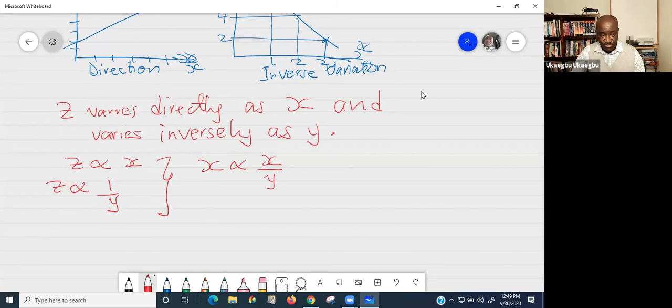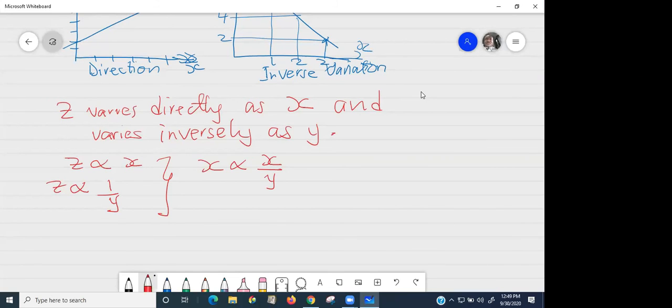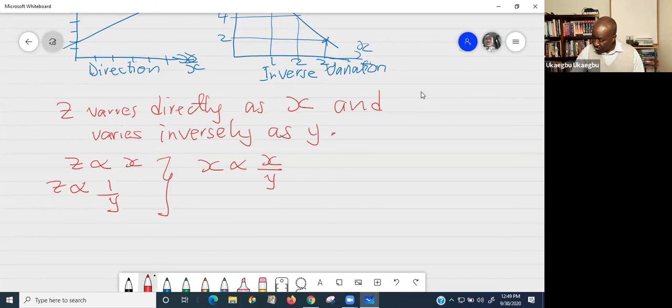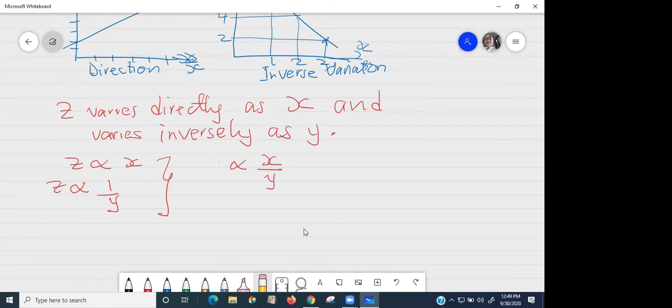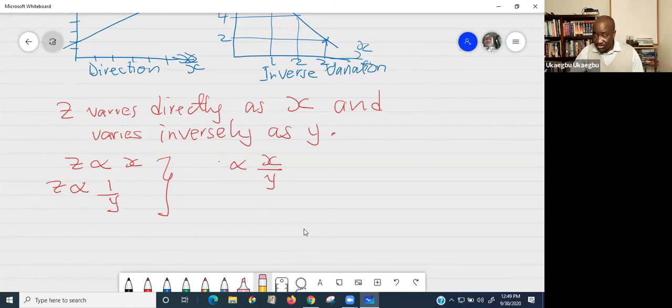Now if you remove this sign of proportionality, you are going to have... What's that sign between z and x? Yes, thank you, it should be z. It's a Greek alphabet, and that's what you use in identifying variation.